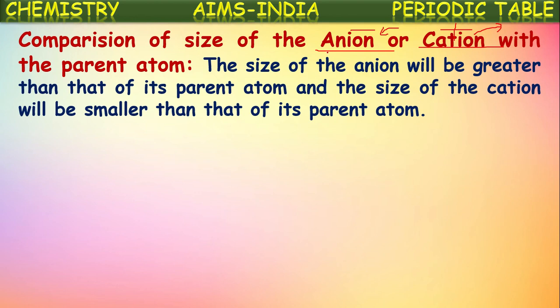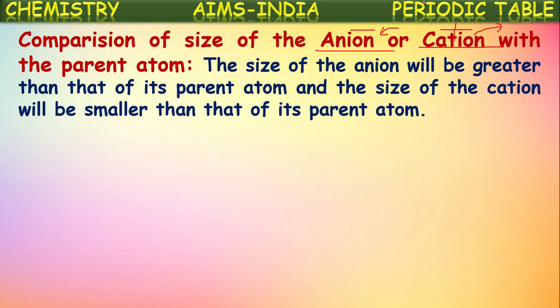Now the anion, which is formed by the gain of extra electrons, will have a size greater than that of the neutral atom, because it is gaining extra electrons and hence, for the accommodation of these electrons, it should increase its size. That's why anions have greater size than their neutral or parent atoms.